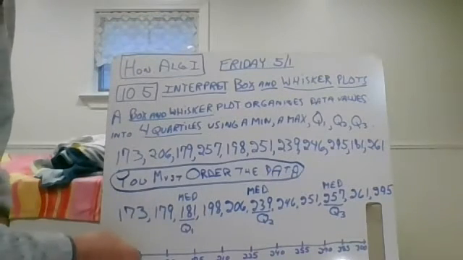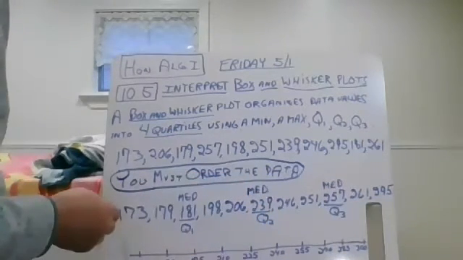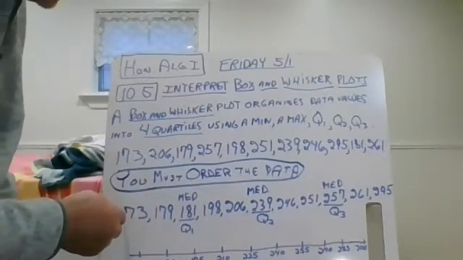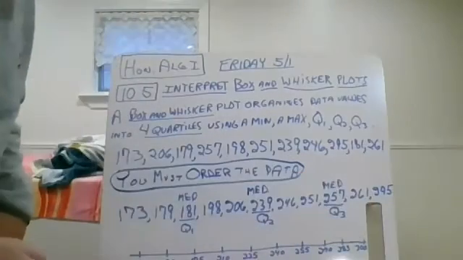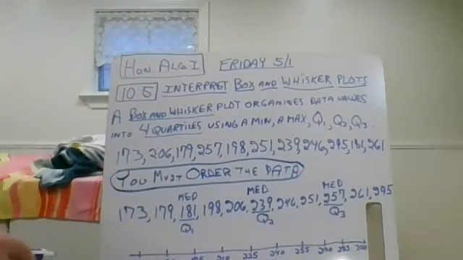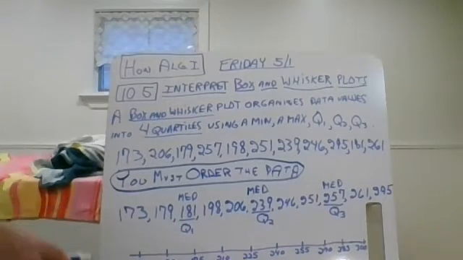And it goes from 165 to 300, which is a little to the left of the 173 and a little to the right of the 295. So that's the first thing we do, is draw that number line.